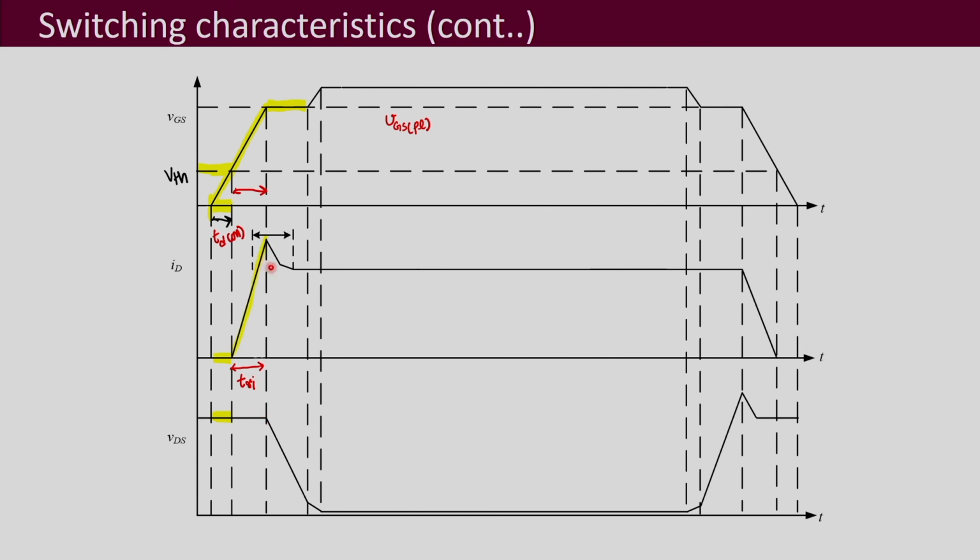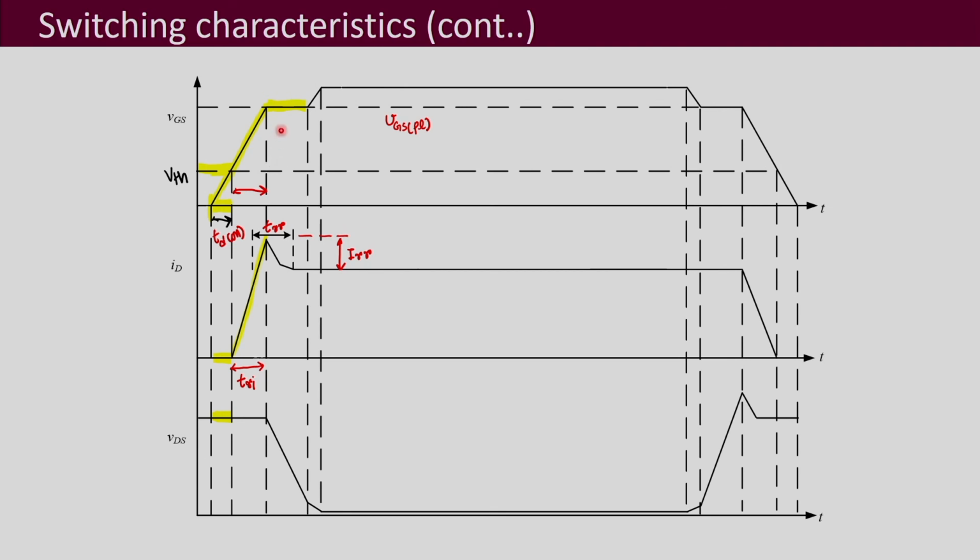Now why is this current higher than what the turn on state MOSFET current is going to be? This is because the diode is also turning off at that time, and this is associated with the reverse recovery current of the diode. So, this part is your reverse recovery current IRR, and this time is your TRR, reverse recovery time.